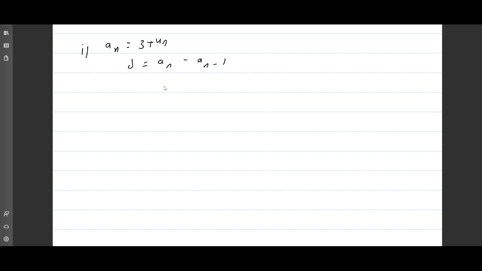So this is equal to, so an, what is given to us, is 3 plus 4n, and an minus 1 will be 3 plus 4 into n minus 1.